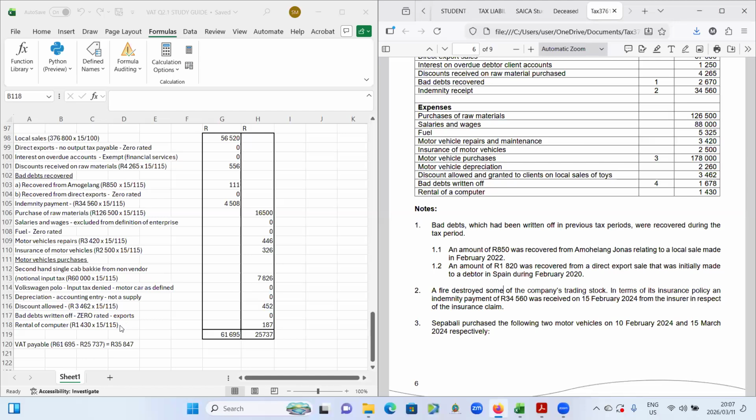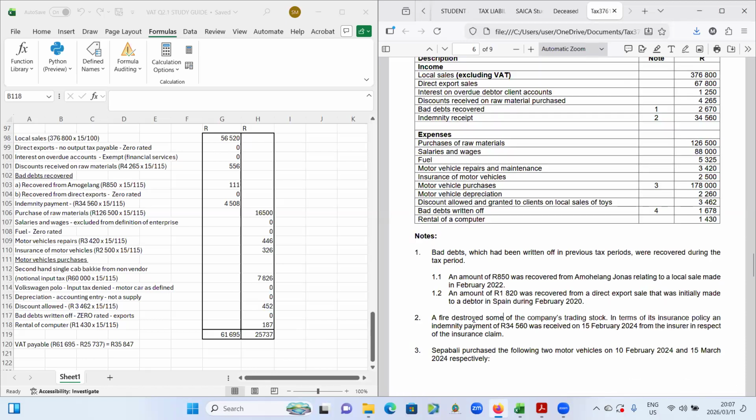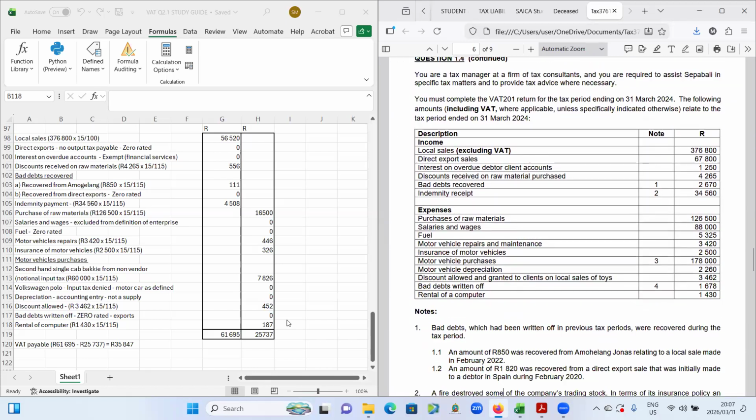We're going to further apportion by 60%, which would be the taxable supply portion. So you claim to the extent that the asset is going to be used for making taxable supplies. In this case, a computer is going to be used for making taxable supplies, and input tax is not denied. So yes, we claim. Anyone else with a question?